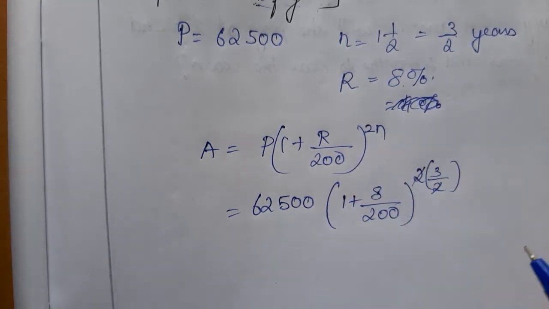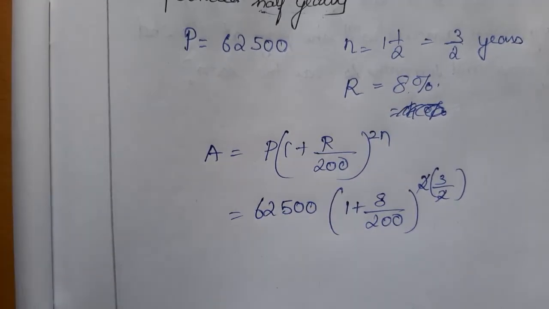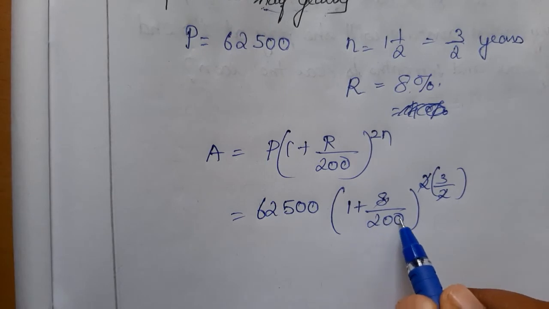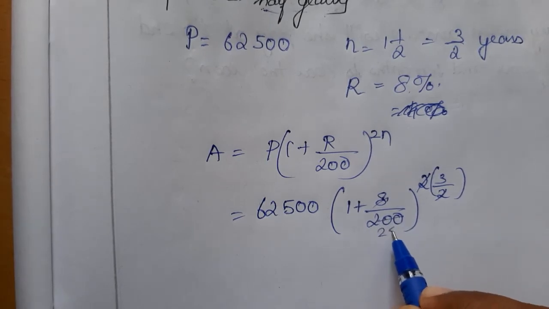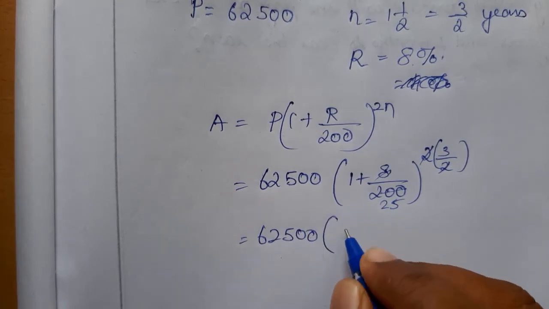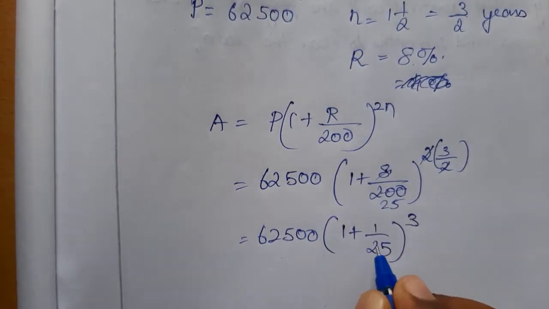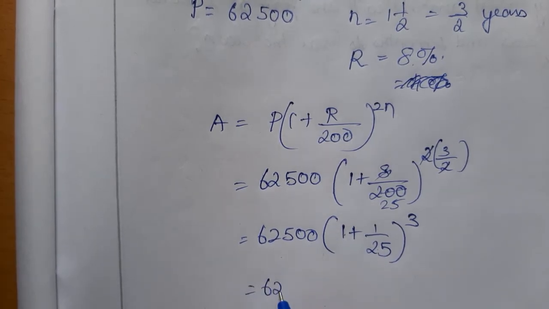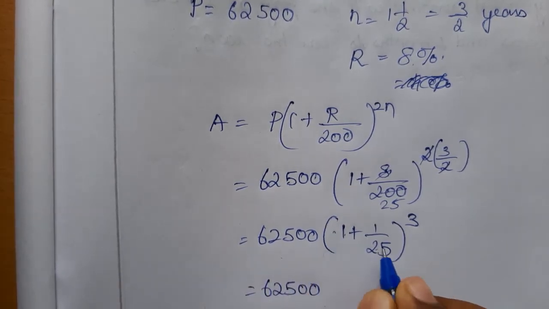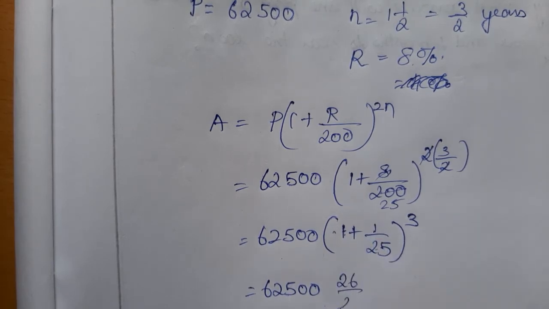This 2 and this 2 will be cancelled, and 8 by 200 is 1 by 25. So 62,500 into 1 plus 1 by 25 whole power 3. The 62,500 will be the same. Here 1 into 25 is 25, 25 plus 1 is 26, so 26 by 25 the whole power 3.